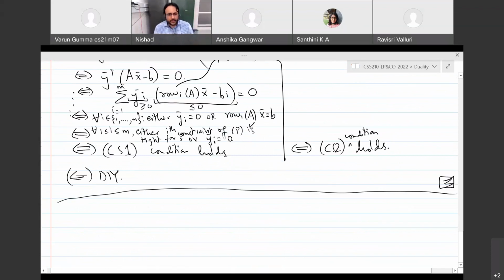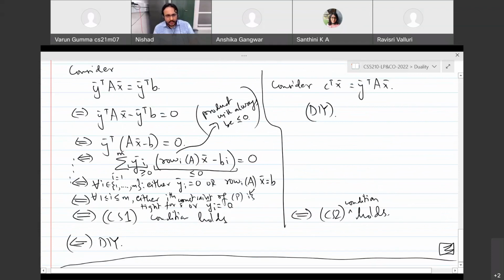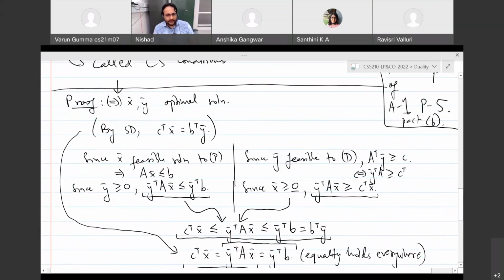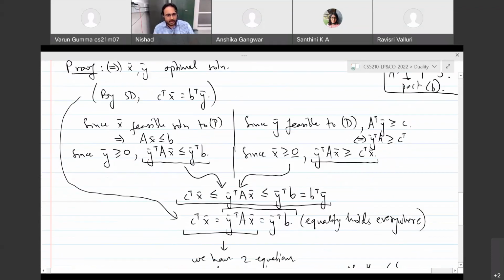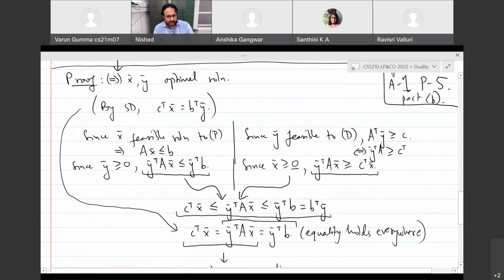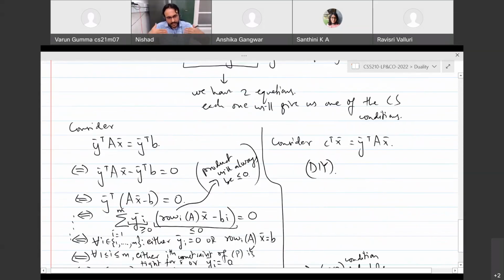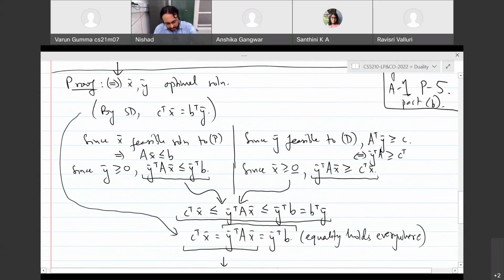I want to point out one subtlety. In the forward direction, we are using strong duality. In the converse direction, if I am understanding correctly, and if I did the things in my head correctly, you actually don't use the strong duality. You immediately start from the CS conditions and you work your way backwards, and you will arrive at this equation.